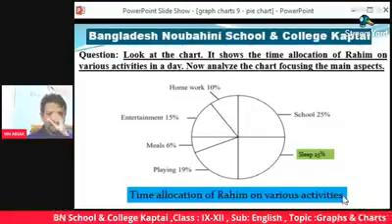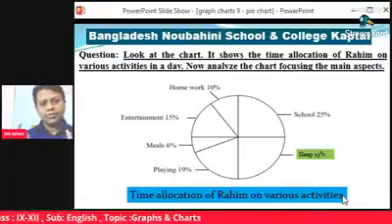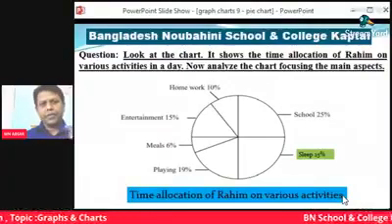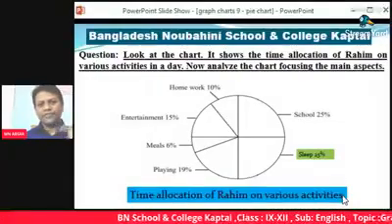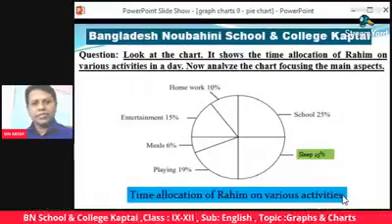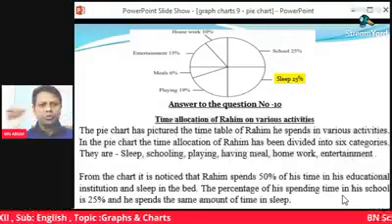So now how will you write your answers? You know it generally starts in the question number 10. That's why at first you will write the answer to the question number 10. That's why I'm writing here answer to the question number 10.